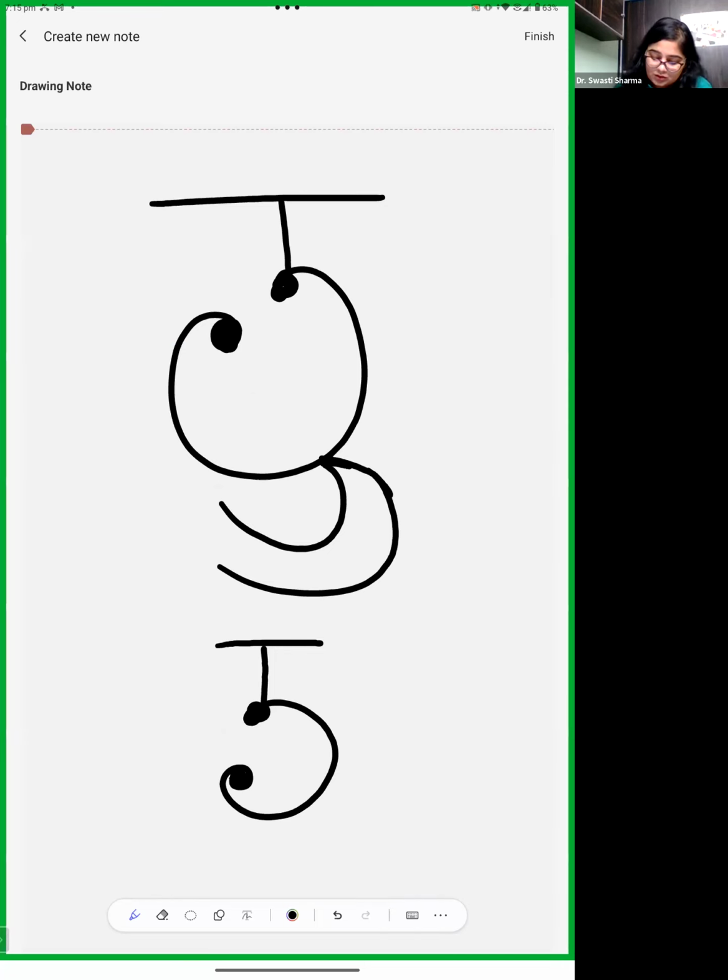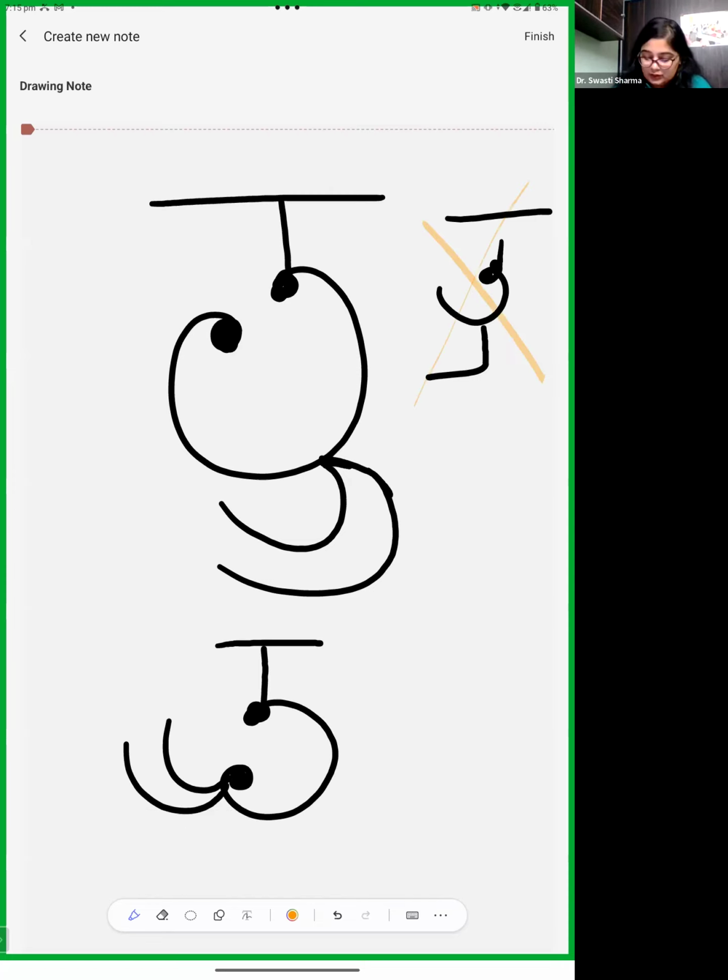And there is one more variation which we can find. Okay, this type. We can find it like this, but there will not be Bha like this. Okay, it is totally wrong. This is not the right one.